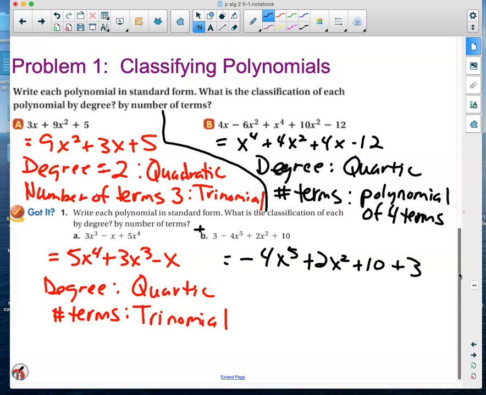So now I need somebody to help me by giving me the name according to the degree, please. Yes, a quintic.